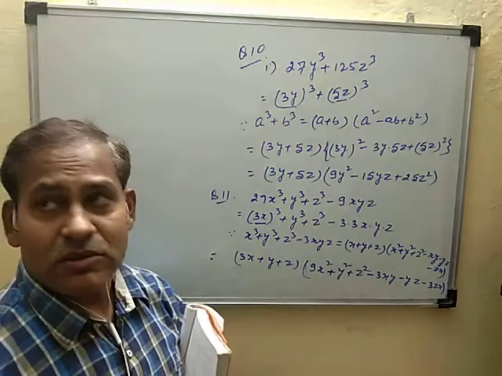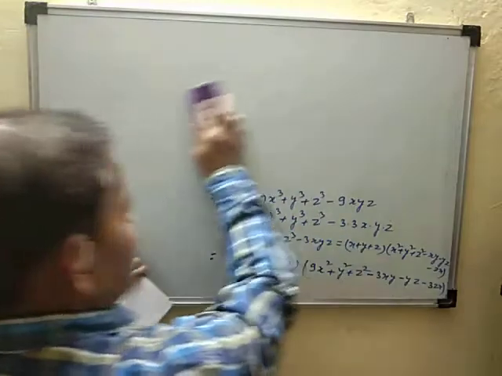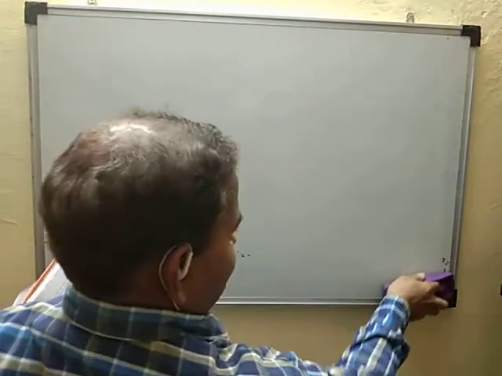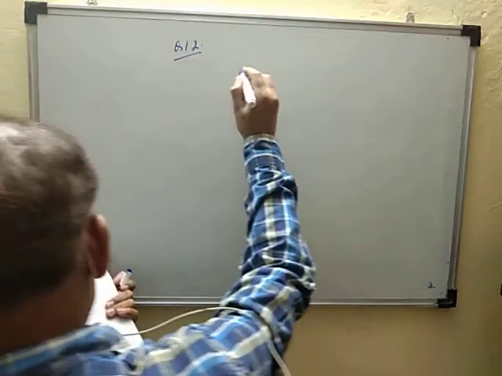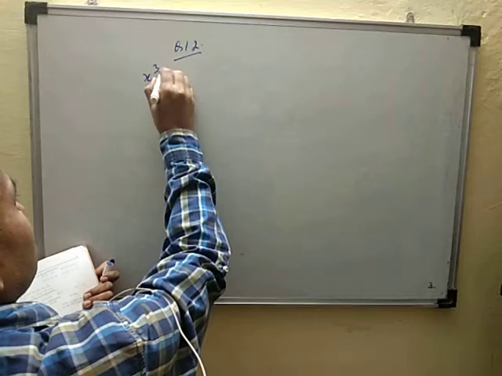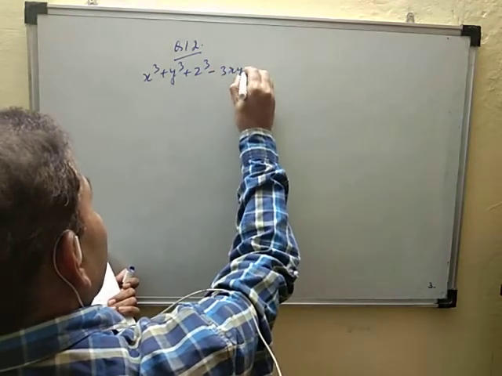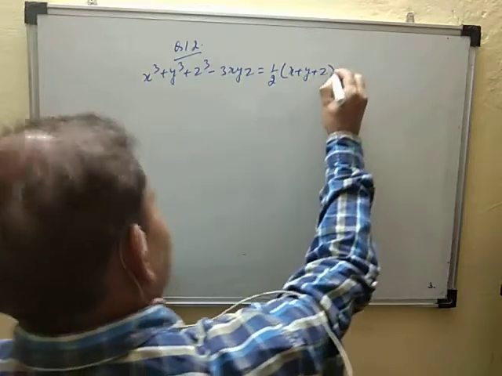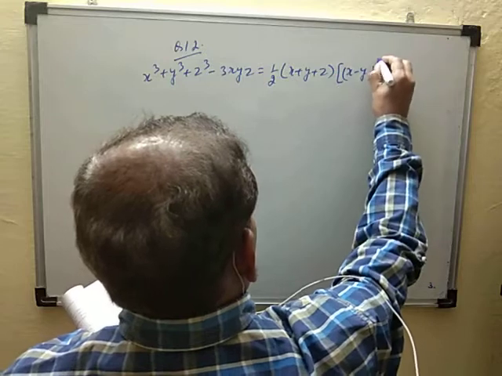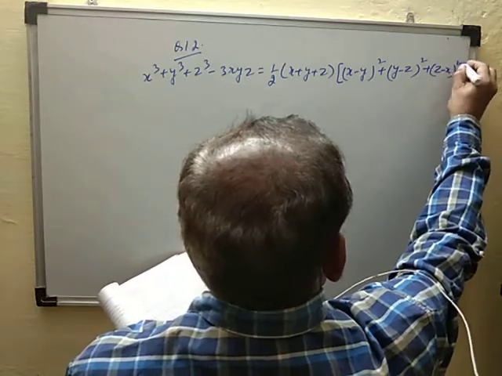Now question number 12. Verify that x cube plus y cube plus z cube minus 3xyz is equal to 1 by 2 (x plus y plus z) into ((x minus y) whole square plus (y minus z) whole square plus (z minus x) whole square).